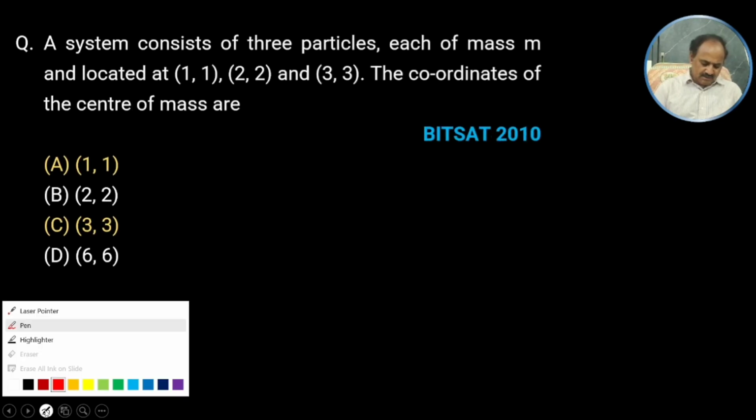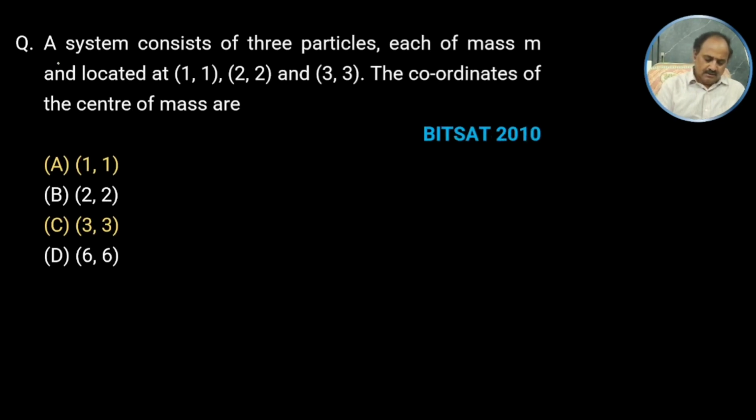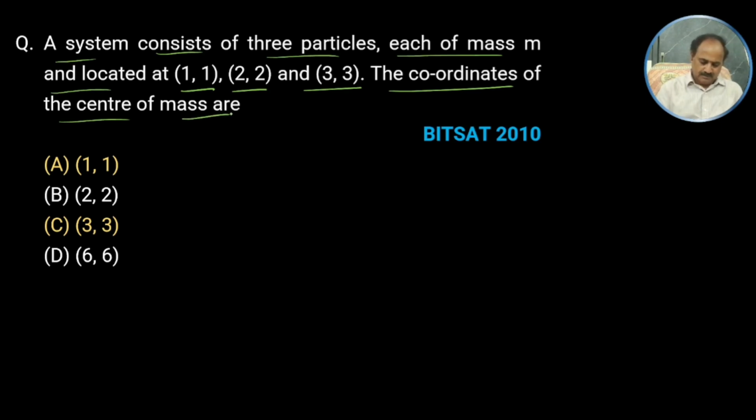Okay, look at the screen. It is asking like this: a system consists of three particles, each of mass m and located at (1, 1), (2, 2), and (3, 3). What are the coordinates of the center of mass? Given that the three particles have equal mass, m1 equal to m2 equal to m3, that is equal to m.